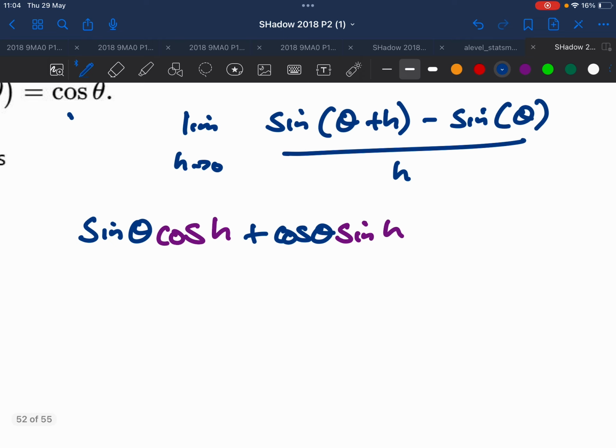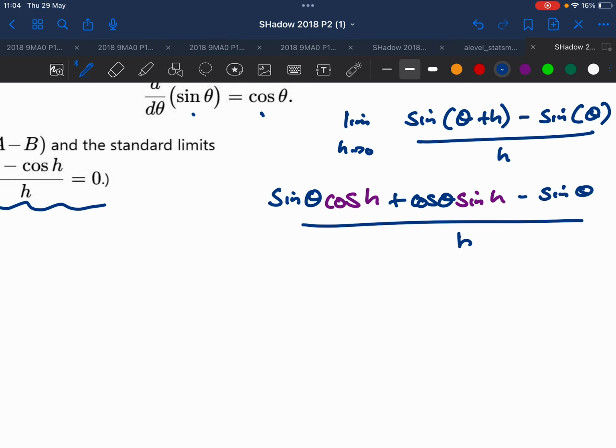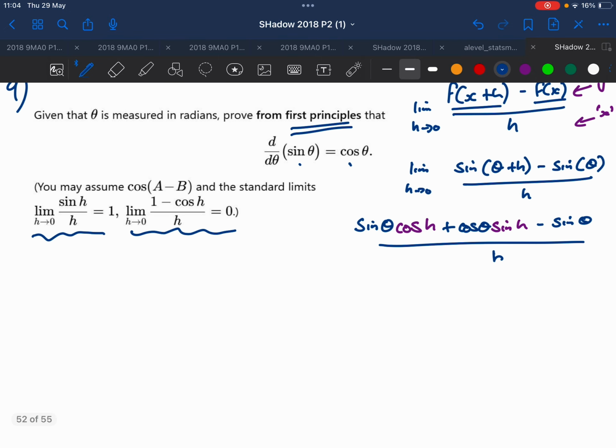And then this is just the same bit from before, minus sine theta over h. I said I wasn't going to write the limits 100 times, but I'm tempted to because of how they're written there. So we're then going to use this as a guide: sine h, 1 minus cos h.